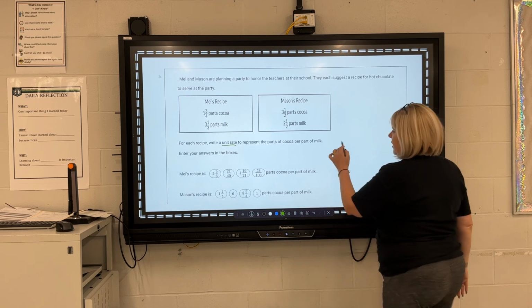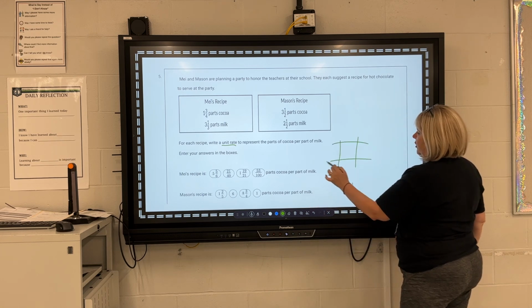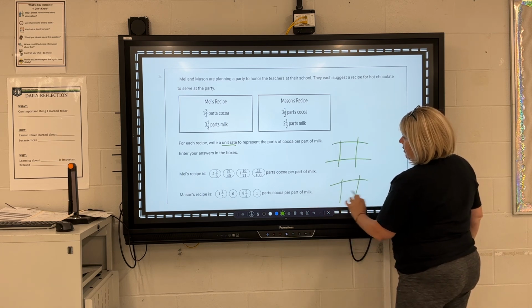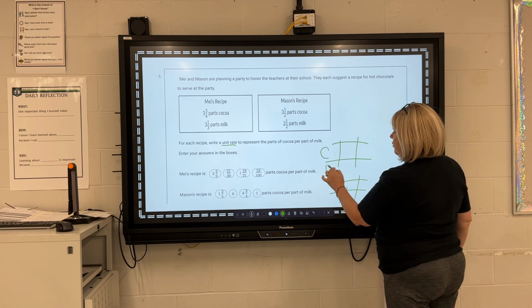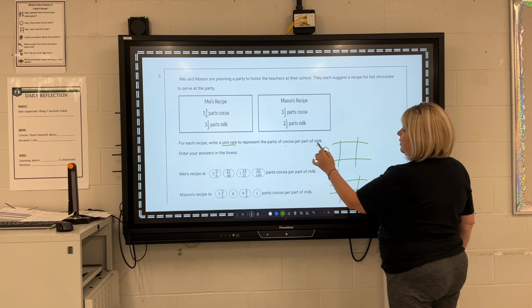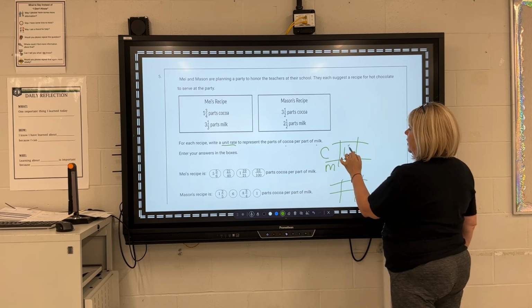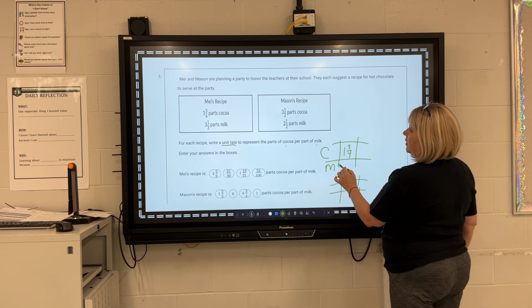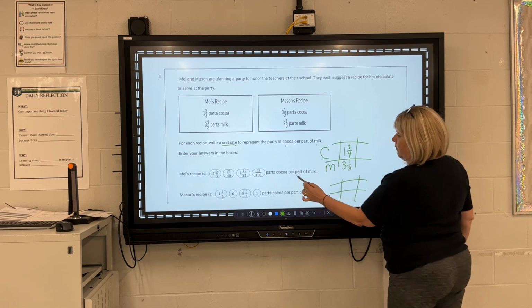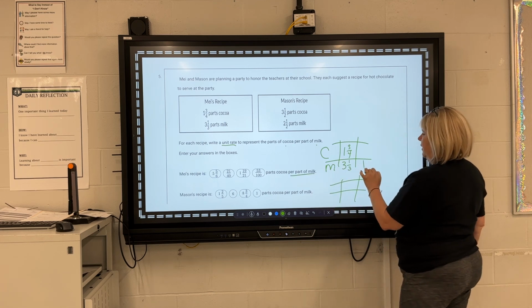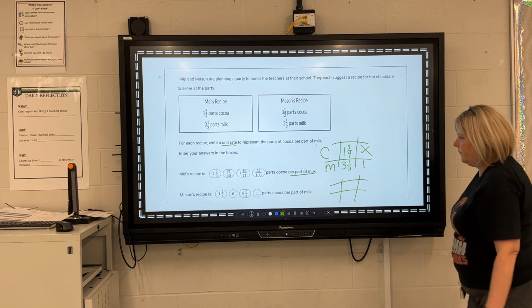So we are setting up 2 proportions. Okay, May's, we want cocoa to milk. Cocoa is 1 3/4. Milk is 3 1/3. We want to know per 1 part of milk.